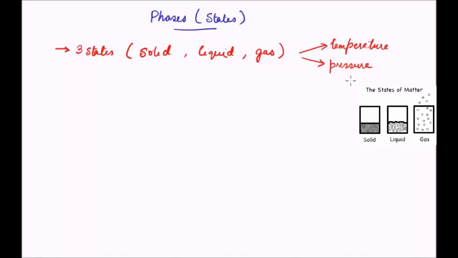We will not discuss the special cases like plasma, which is an ionized state existing at very high temperature. We will not go into details of those states. We will just focus on solid, liquid and gas. An example would be: solid is ice, liquid is water and gas is water vapor.